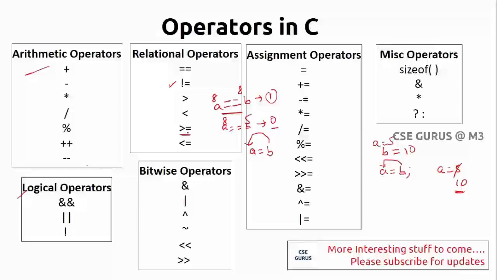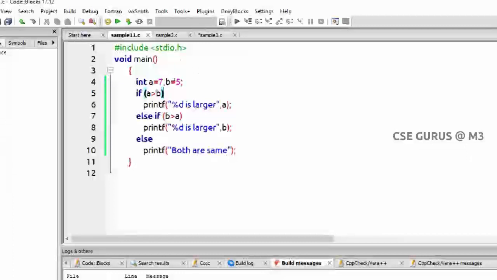So I want to show you some simple programs. I'll take 3 different programming examples, and I'll show you how these can be written in C language. The first example is very simple. I've taken a value 7, b is equal to 5. Now if a is greater than b, it is simply checking whether the a value is greater than b. If it is true, the value will be 1.